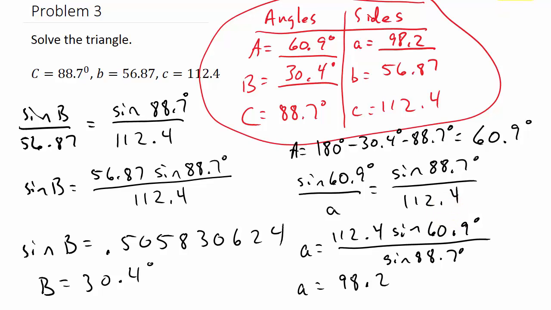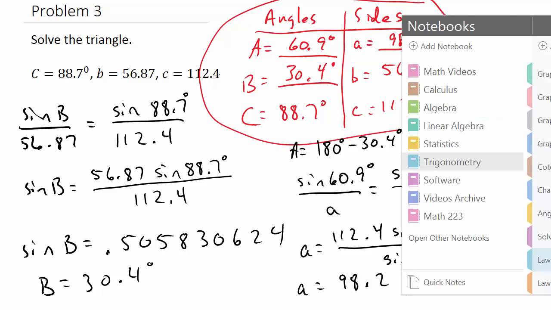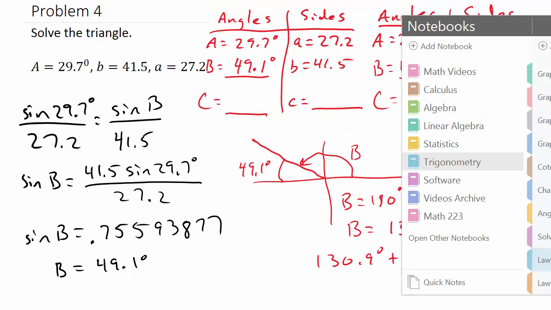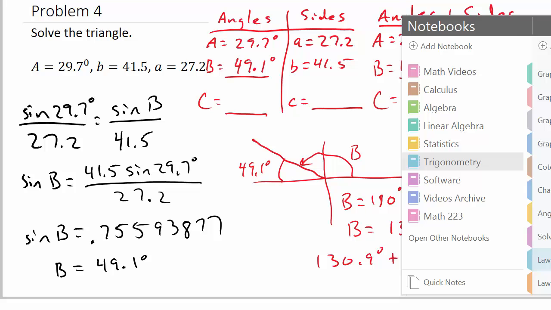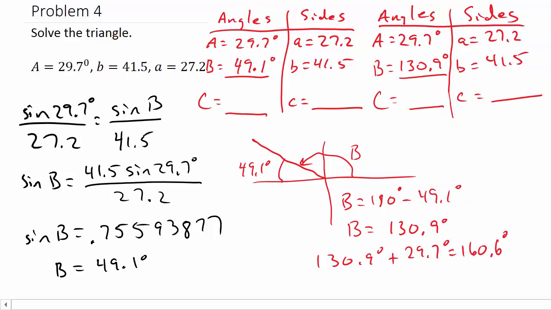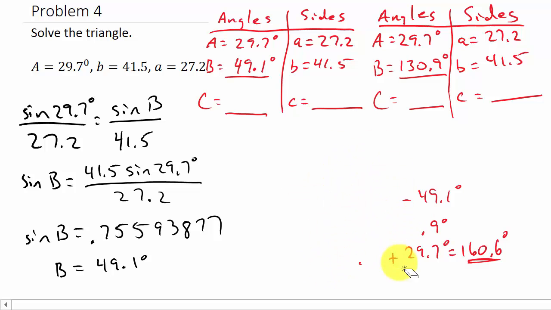But in this case, when I add up the second quadrant angle and the given angle, it's less than 180, so I've got two triangles.